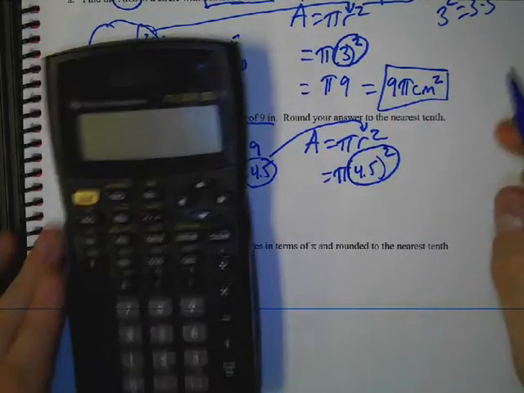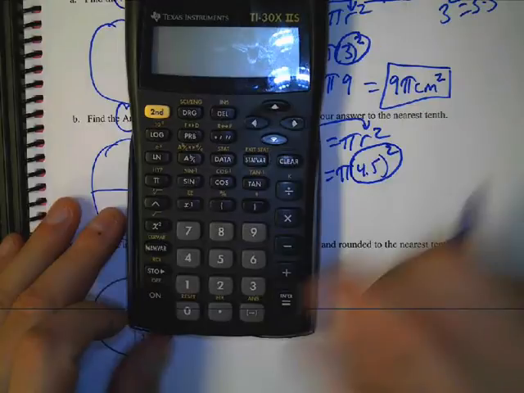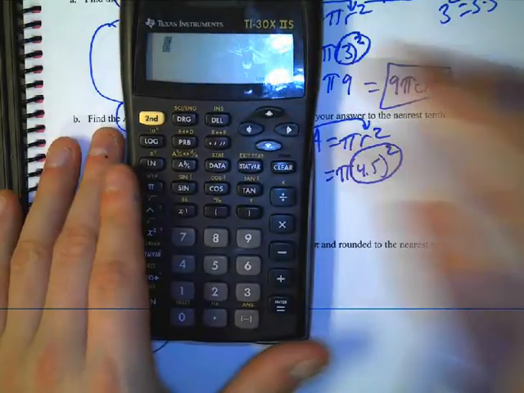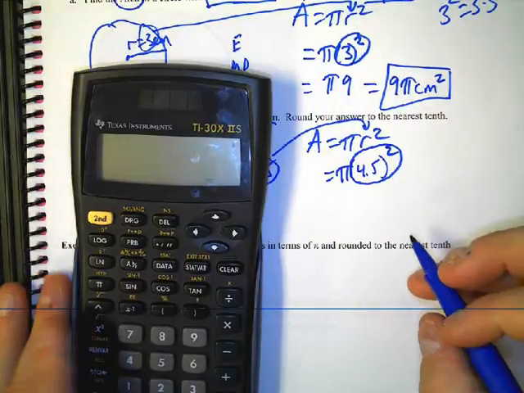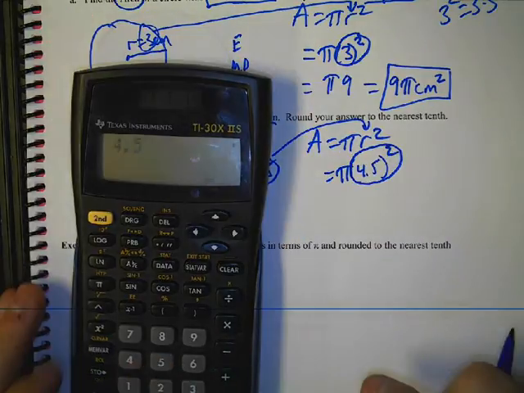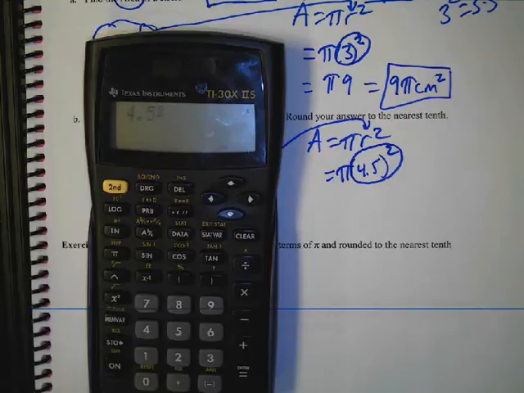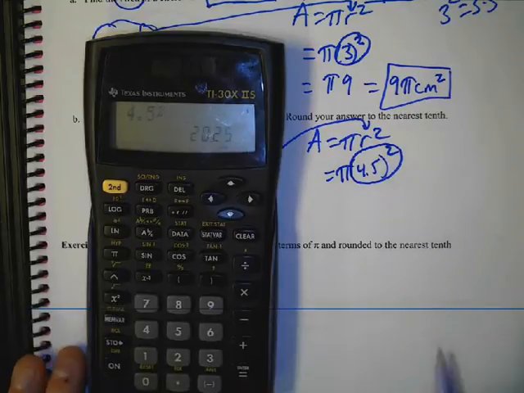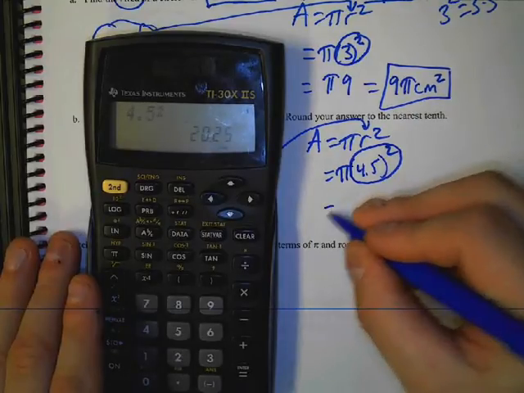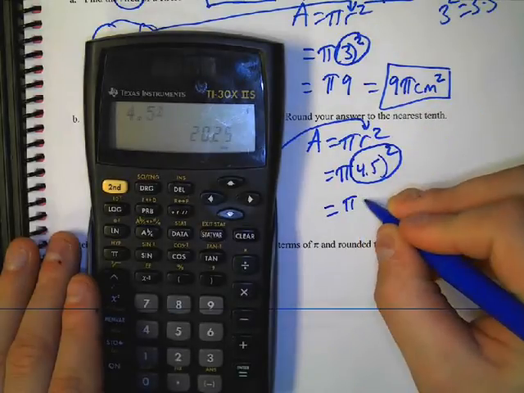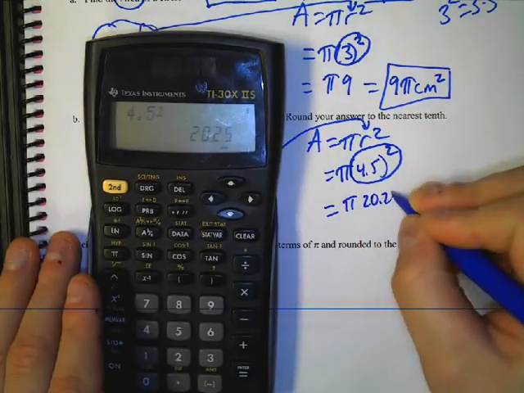So let's say I wanted to take 4.5 squared. So I press 4.5, and see this x squared button right next to my finger? That's how you square it. Okay. Hit enter, and we've got pi times 20.25 or 20.25 pi. We typically like to put the number first.